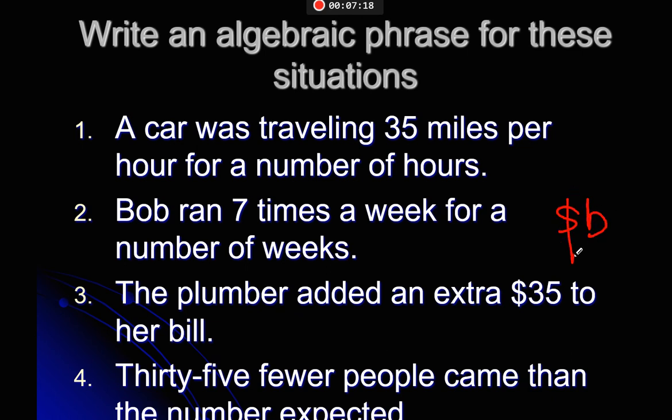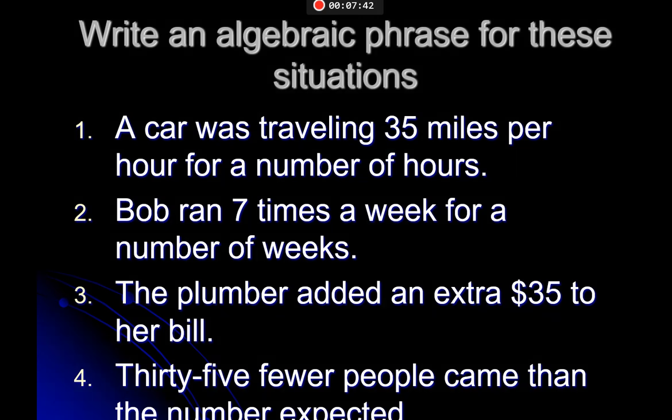So he added an extra $35 to that bill. How to write down the expression? It's very simple. We can just put a bracket, 35 plus B. Okay, now let us try the next expression.